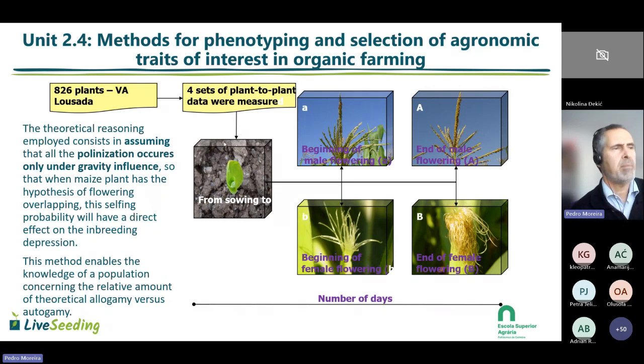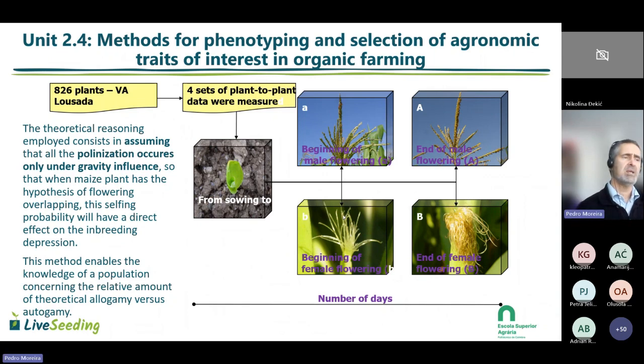Well, I'm going to show you first, starting this, the beginning of male flowering. So we need to go to the field and check if this did happen or not. And we need to know also when it was finalized, so when the male flowering did finalize.